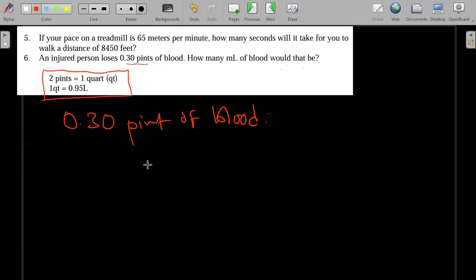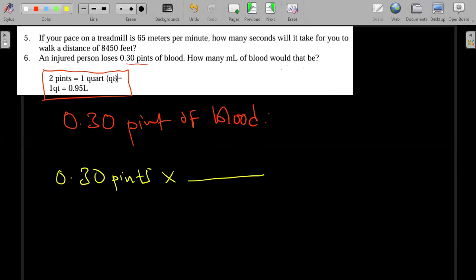Here I'm going to use an approach called dimensional analysis. What I have here is 0.30 pints. I'm going to multiply this by the conversion factor of pints to quarts, so I draw a line. The units that you have on top are the units that you put down here.